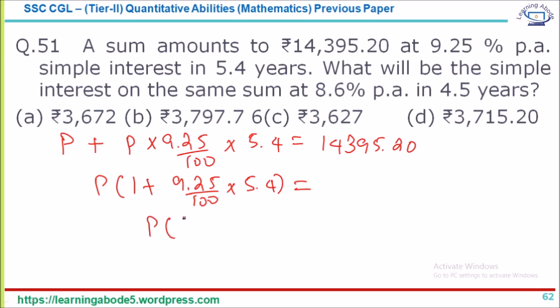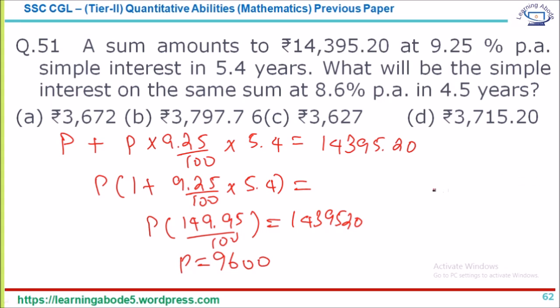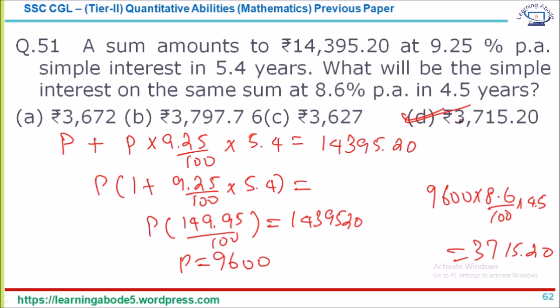So you get P into 149.95 by 100 is this value. So you will get the principal is equal to 9600. Now 9600 into 8.6 by 100 into 4.5. Now if you simplify this, you will get this value 3715.20. That's answer option D for question number 51.